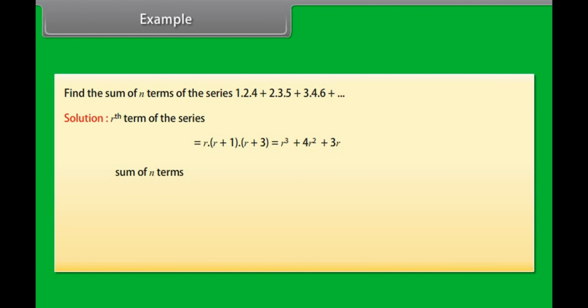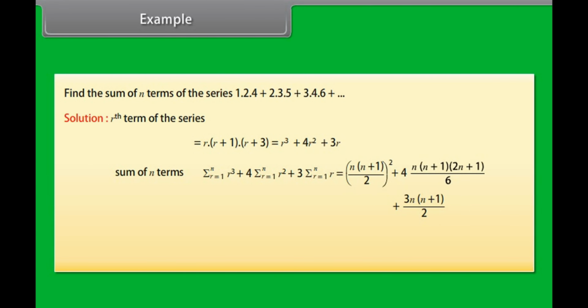Sum of n terms is equal to summation from r equal to 1 to n of r cube plus 4 times summation from r equal to 1 to n of r square plus 3 times summation from r equal to 1 to n of r, which is equal to, on solving, we get n into n plus 1 by 12 multiplied by 3n square plus 19n plus 26.